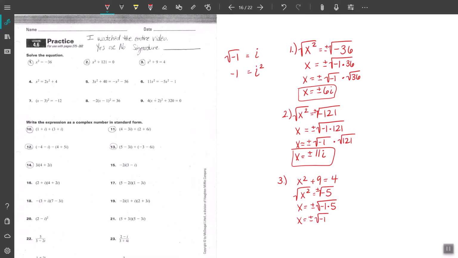We have the square root of -1, which is going to be i, and then we have the square root of 5. 5 is prime. So because 5 is prime, there's nothing left that we can do under that radical sign. So the way we write that then is plus minus the square root of 5 i.